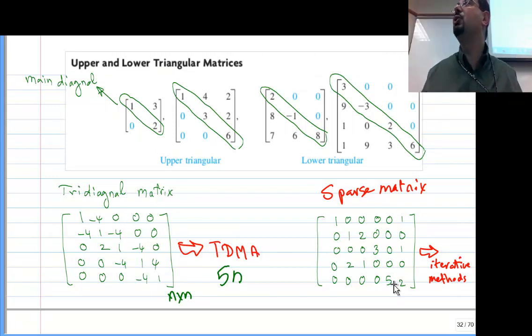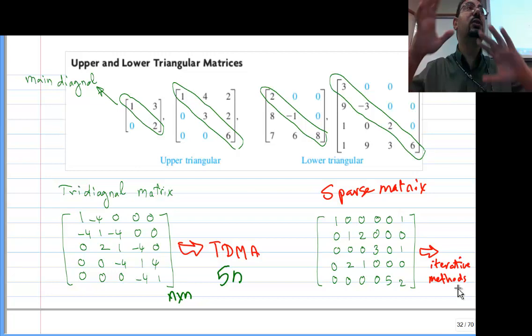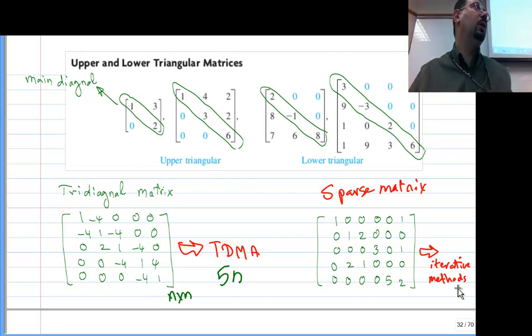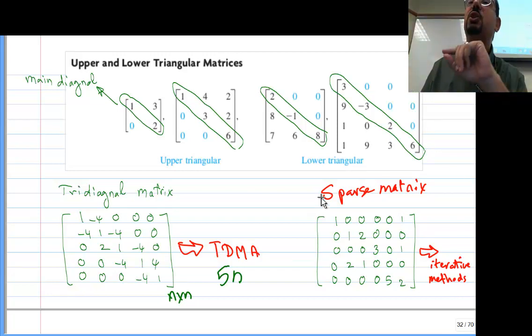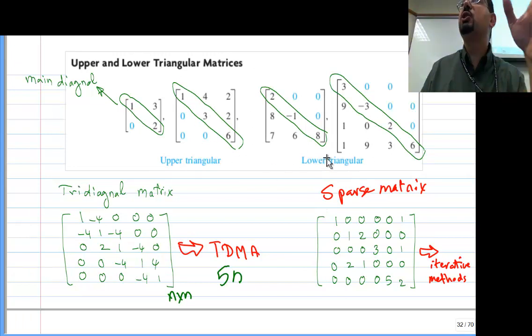Only a few numbers exist throughout the whole thing. So this is a sparse matrix. If the matrix looks like this, there are certain techniques that can make the solution much faster compared to a matrix full of numbers that needs the whole mighty computer to solve. What I'm trying to say is that special geometry or special forms of matrices can dictate the best way to deal with them. Rather than the general method, there are certain techniques that can solve special forms of matrices very quickly.